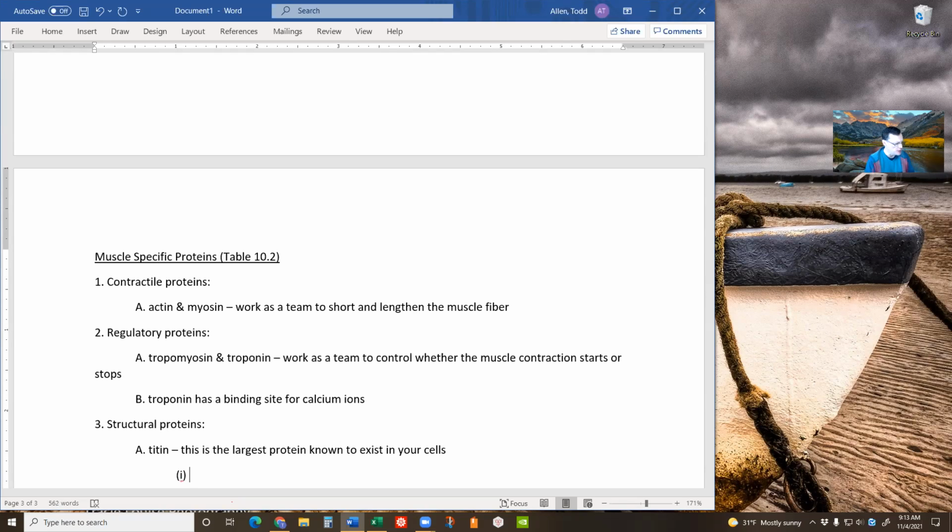Titin as a protein. Now let's see if we can get a reasonable picture of it here someplace. Hold on a second. Yes. Take a look at figure 10.3. I have a question in the chat window.